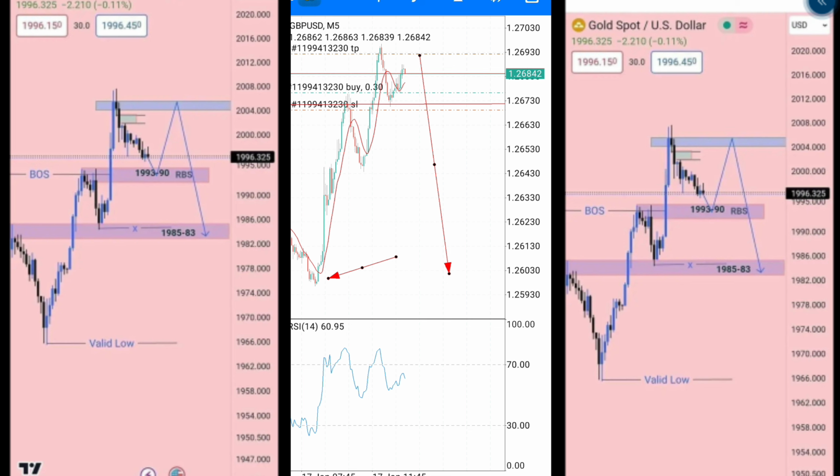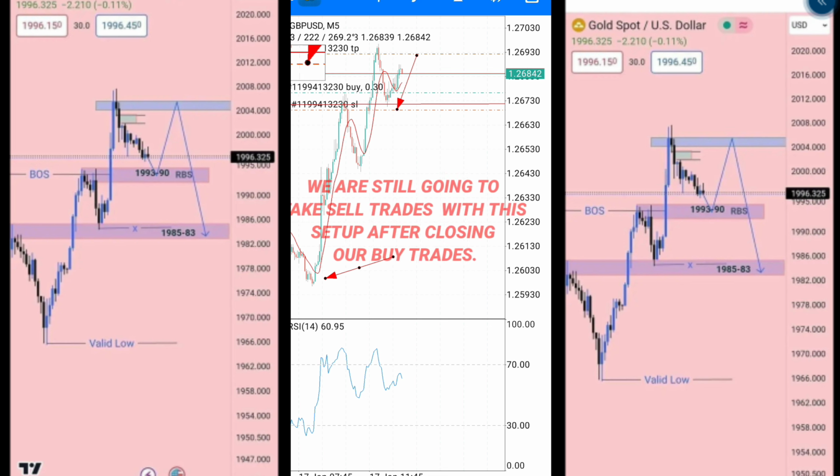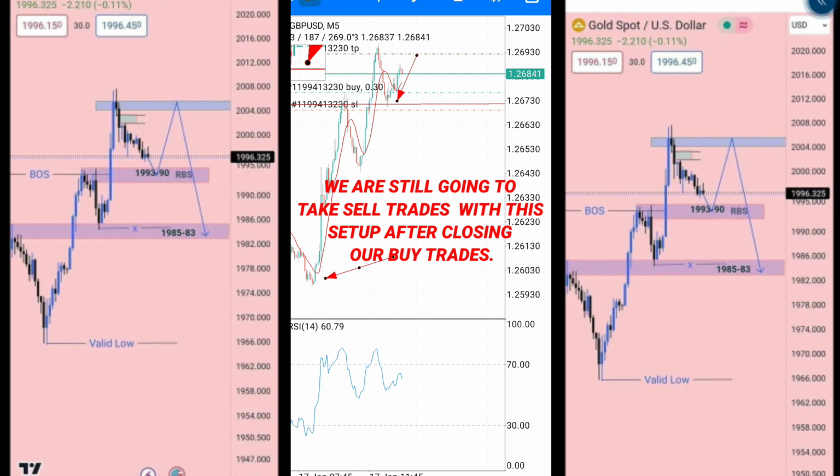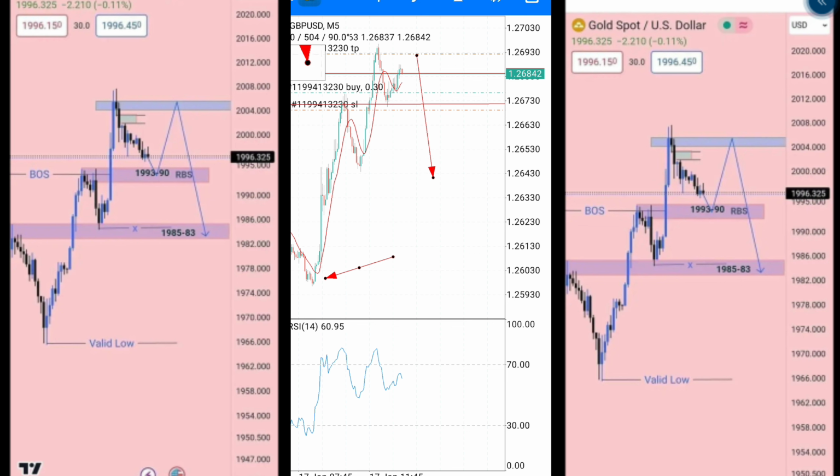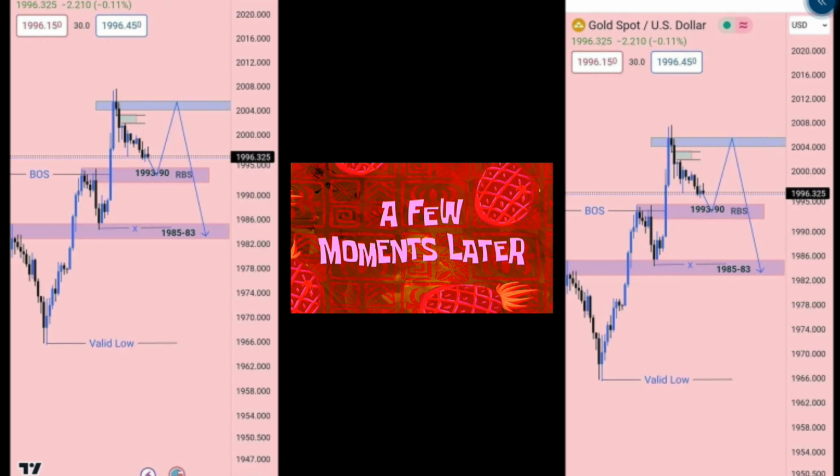Look at where my stop loss is. My stop loss is just below this low, okay, so we are taking advantage to this point, and then let's see how it plays out. A few moments later.